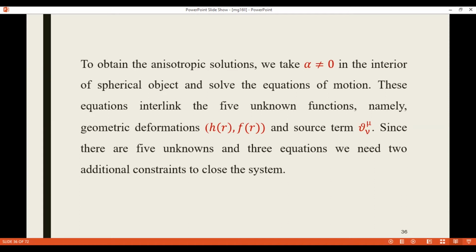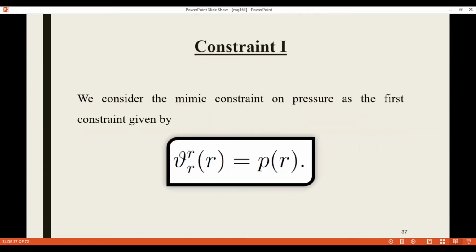Since there are 5 unknowns and 3 equations, we need 2 additional constraints to close this system. So we need a constraint. Consider the Mimetic constraint on pressure as the first constraint, which is given by theta(r) equal to p(r).